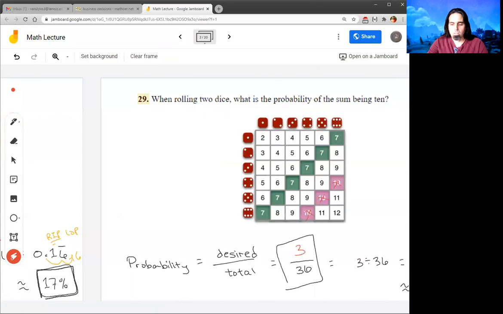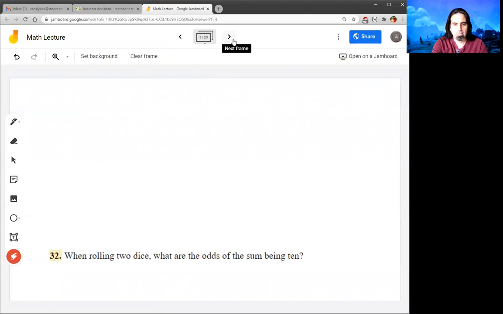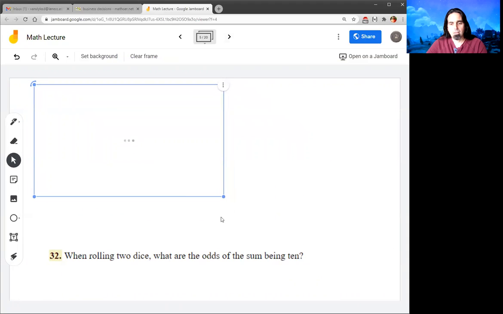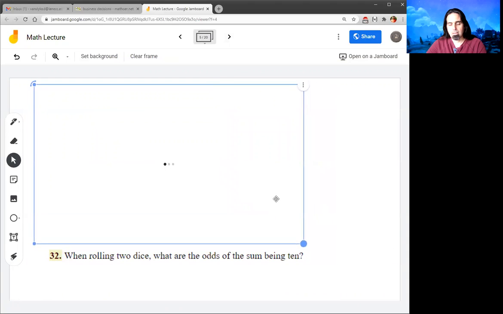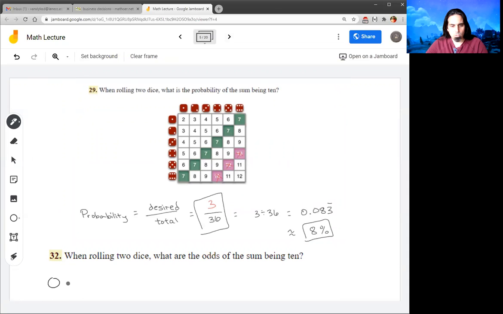So we'll go back to our second slide, grab our work. So that was what we did before. Now when we do odds, it still has desired on top, but the bottom is undesired.